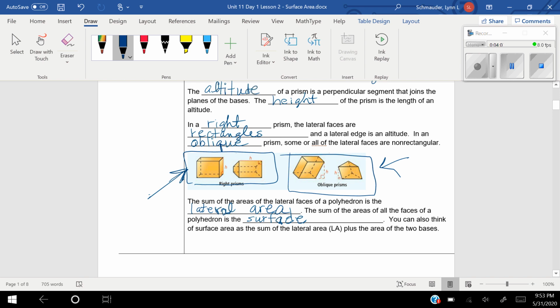You can also think of surface area as the sum of the lateral area plus the area of the two bases. So we often write it this way, lateral area plus 2B, and we use the symbol of the capital B to be the area of a base. So capital B in this case is the area of a base.